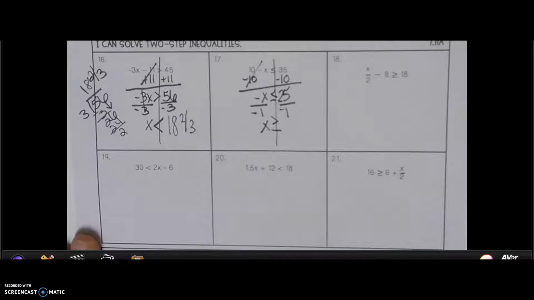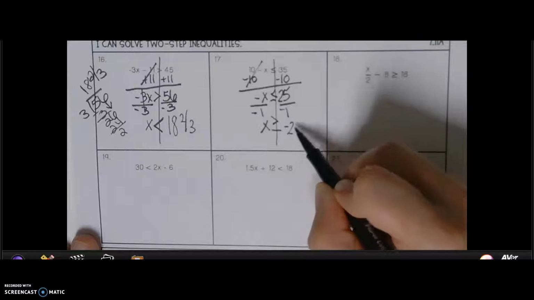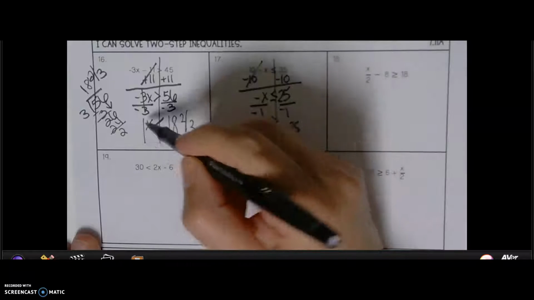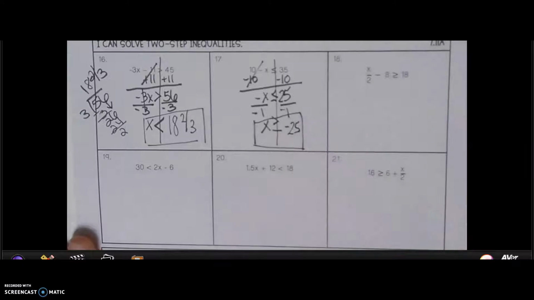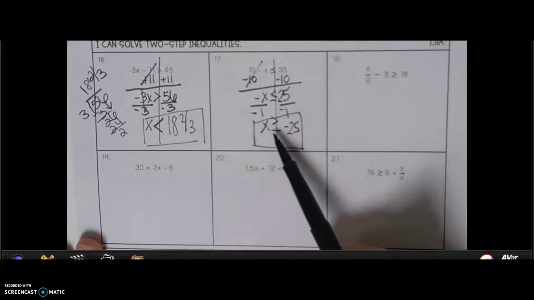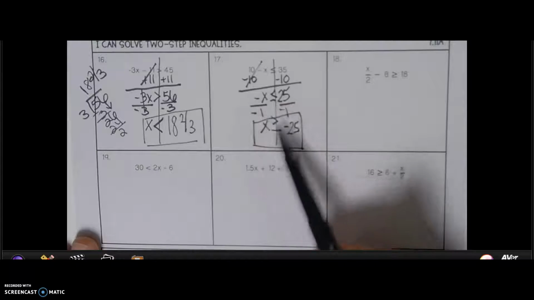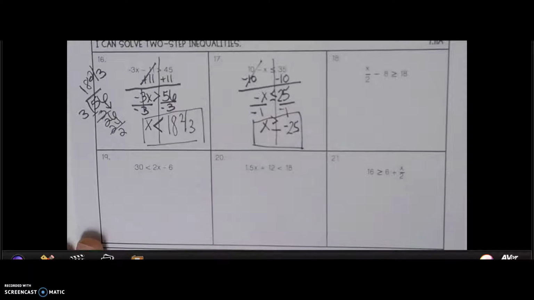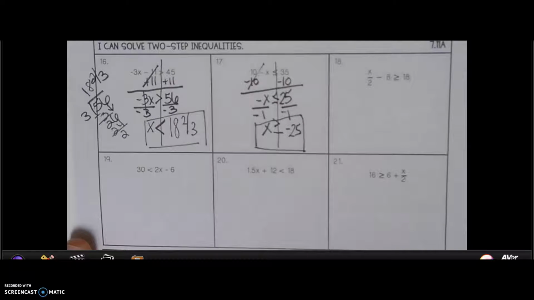So x is greater than or equal to 25 divided by negative 1 is going to be negative 25. I didn't box my answer in my other one. So any number that is greater than or equal to negative 25 would fit for x. So it could be negative 23, 0, any of those numbers would fit this inequality.